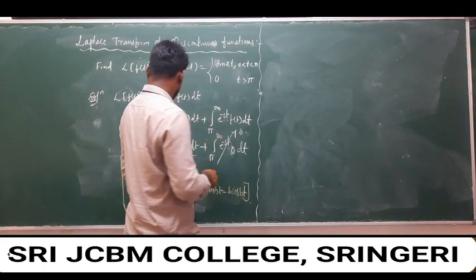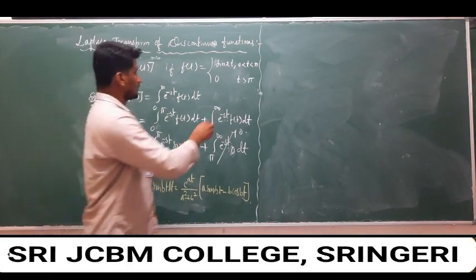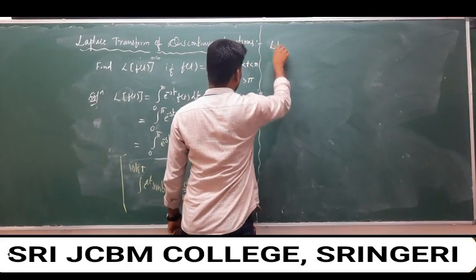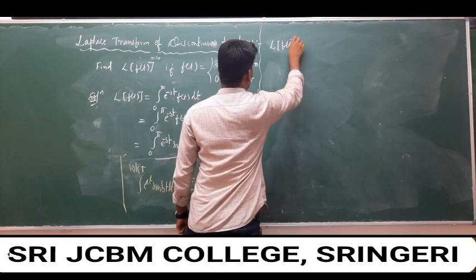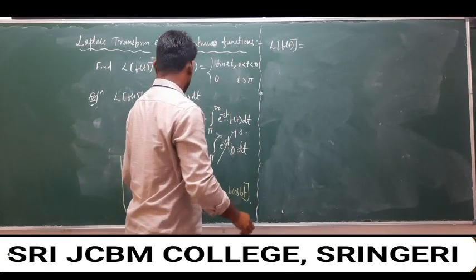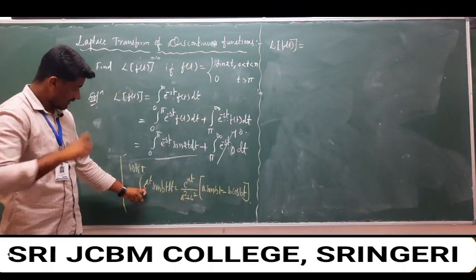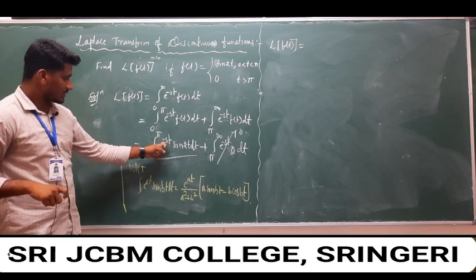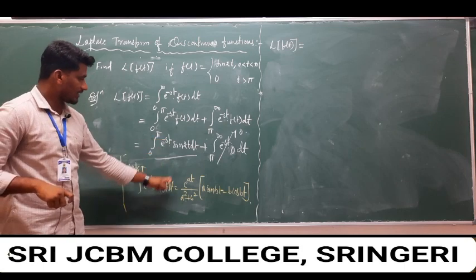So in the next step, the Laplace transform of the given function f(t), apply this formula. Look here, e^(at) is there, where a is minus s and b is 2.